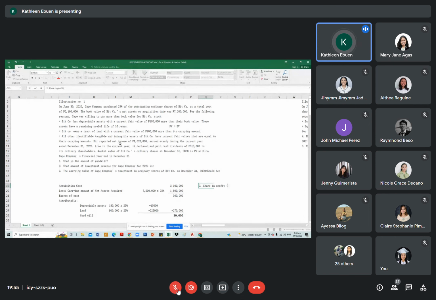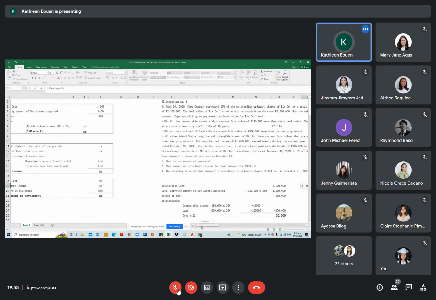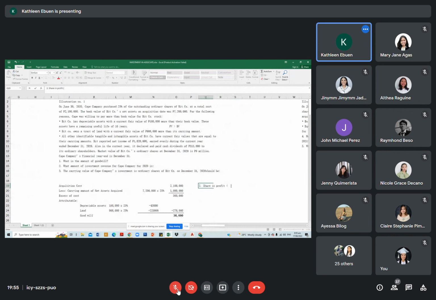So, Bit reported net income of 1,620,000 earned evenly during the current year ended December 31, 2020. So, meron tayong note dito, class, no? Please take note of the period. Okay. So, we have share in profit, 1,620,000. Yan yung income ni investee. I-multiply natin, magkano ba yung binili natin? Only 25%.